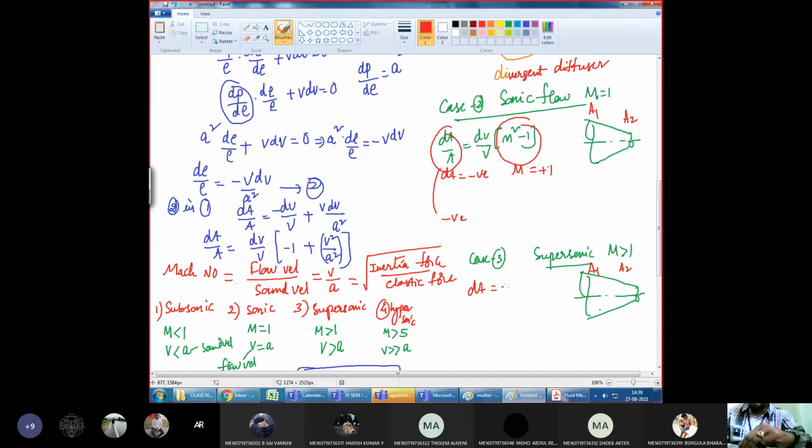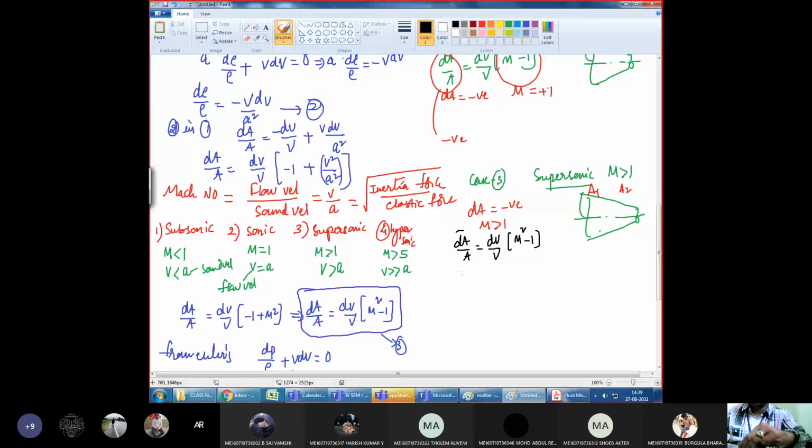So dA here is negative and Mach number is positive. Therefore, in the relation dA by A is equal to dV by V into M square minus 1, dA is negative, and because M is greater than 1, this value is positive. Therefore, dV will be negative.